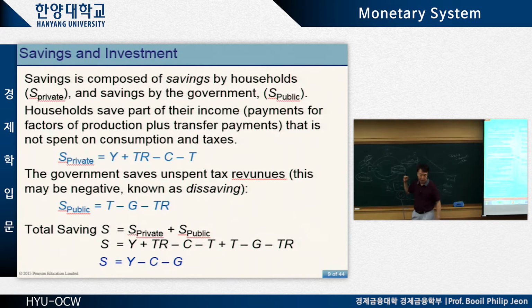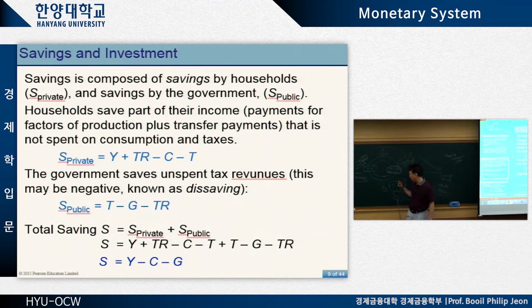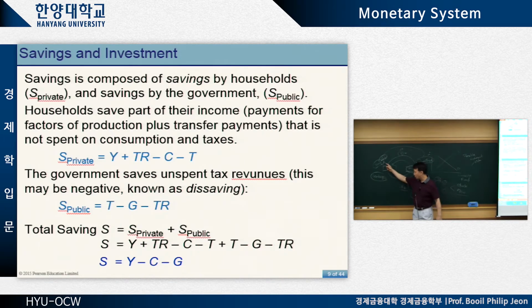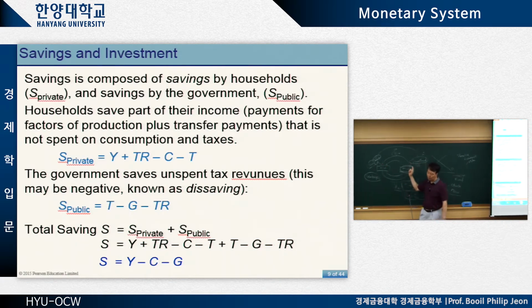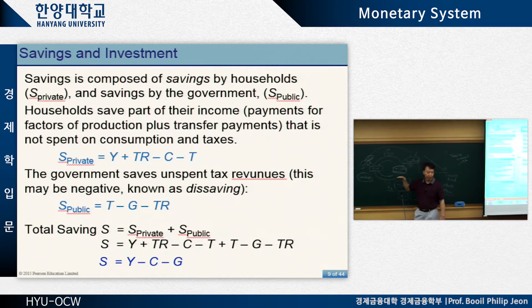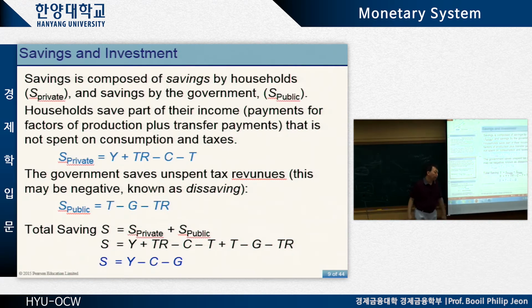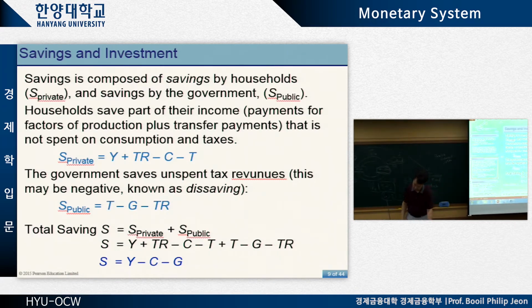And now we understand if saving is equal to investment, that means the amount of leakage is equal to injection. That means that the size of the economy will remain the same, right? What we call equilibrium, right? We can prove it using some sort of equation here, right? Think about this.